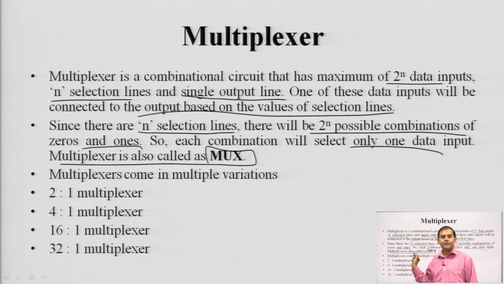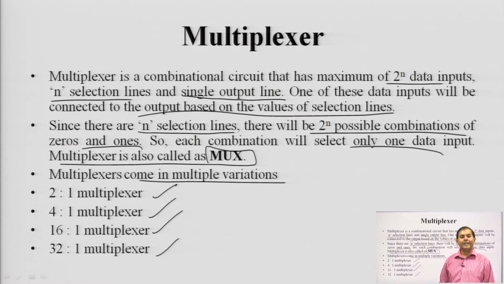The multiplexer is also called a MUX, all in caps. Multiplexers come in multiple variations: 2:1 multiplexer, 4:1 multiplexer, 16:1 multiplexer, and 32:1 multiplexer. In every case you can see the output is 1. This 2:1 can be written as a 2 cross 1 mux.